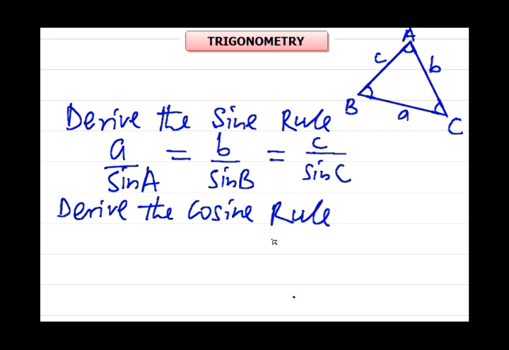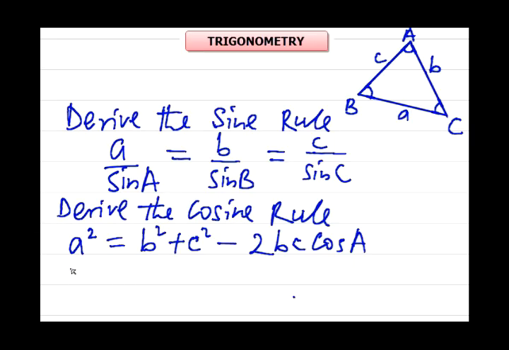Okay, let's look at the next one, the cosine rule. The cosine rule says that a squared is equal to b squared plus c squared, these are small letters, minus 2 multiplied by bc, cos the angle A. Also, b squared is equal to a squared, that you take the one that is not there among a, b, c. These are the three. So b squared, remove this, we're talking about a and c.